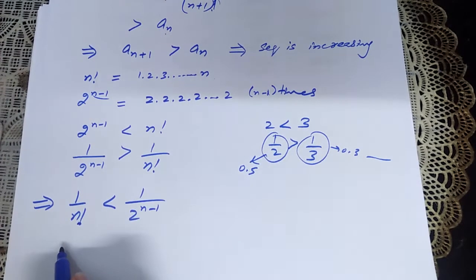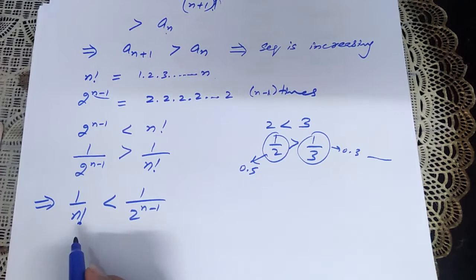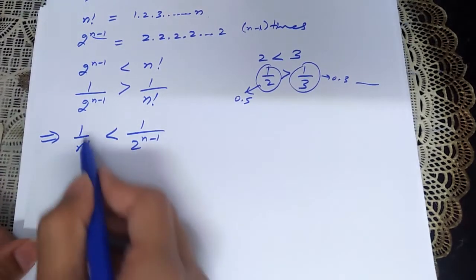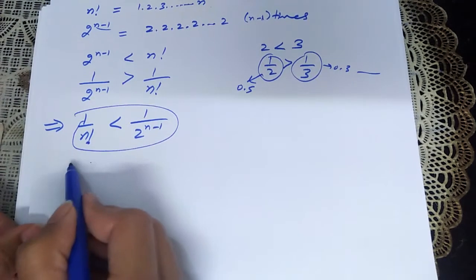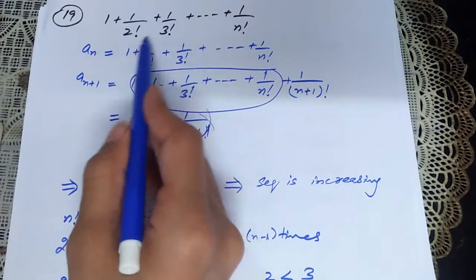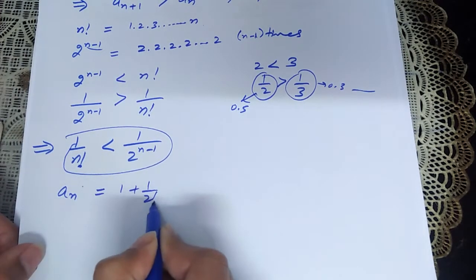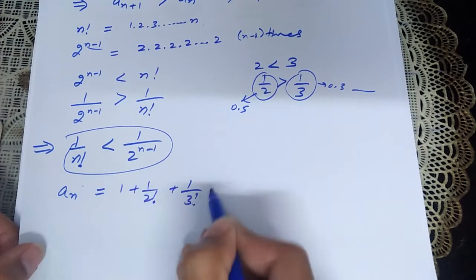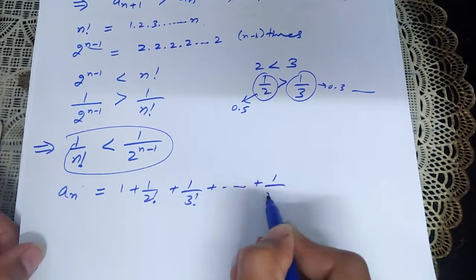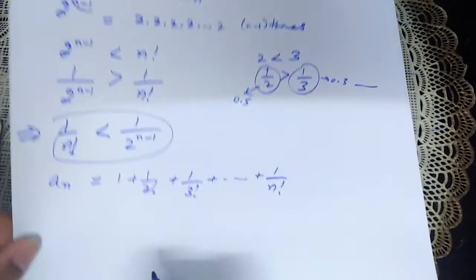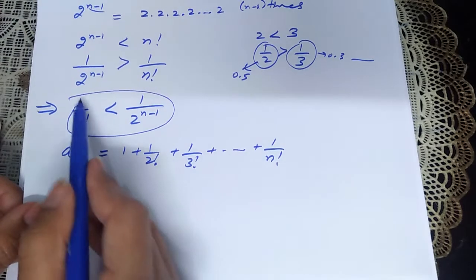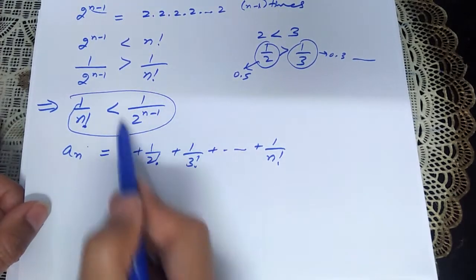I will use this result later. Now, what was my an? My an was the same thing that was given in the question: 1 plus 1 over 2 factorial plus 1 over 3 factorial plus up to 1 over n factorial. You know that 1 over n factorial is less than this term.